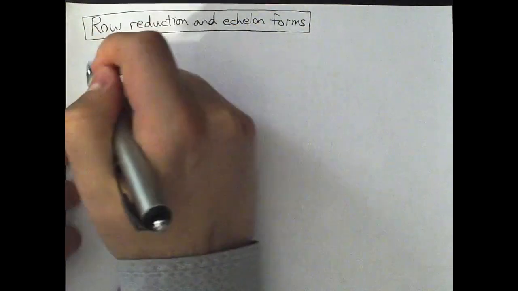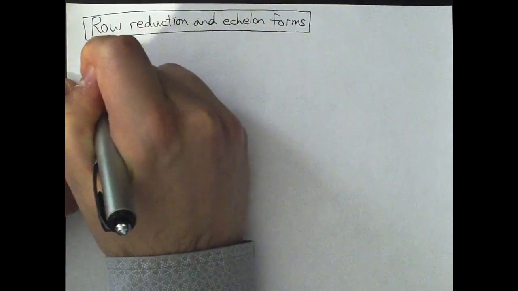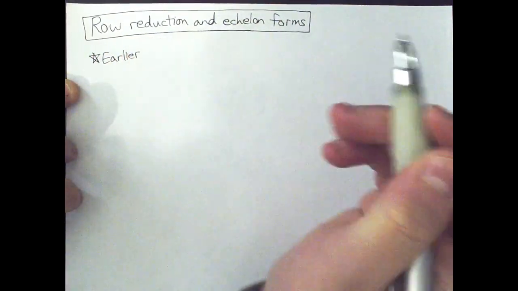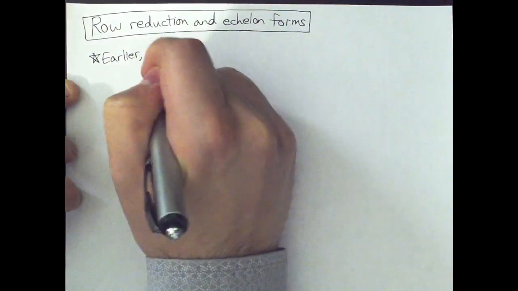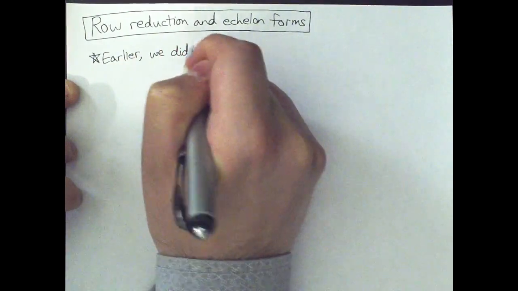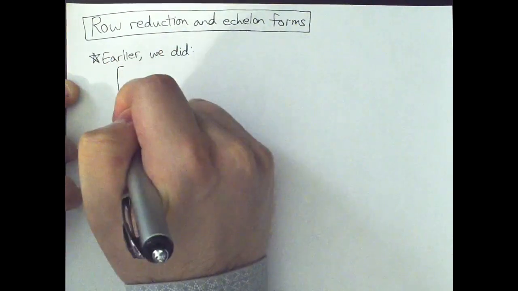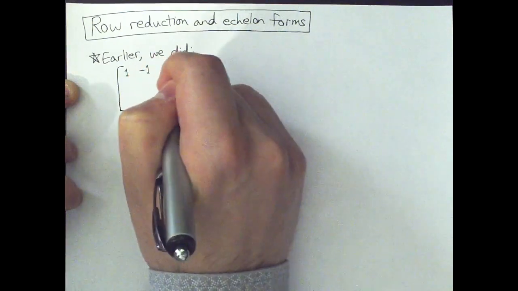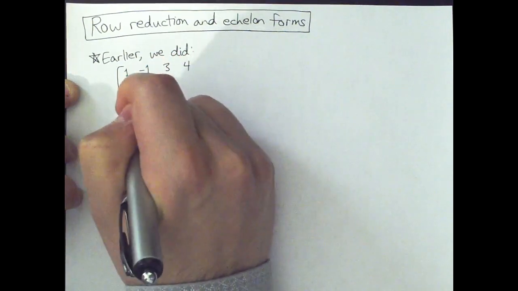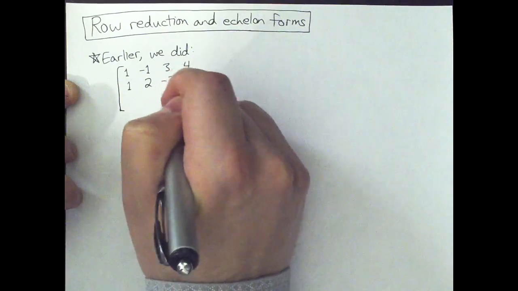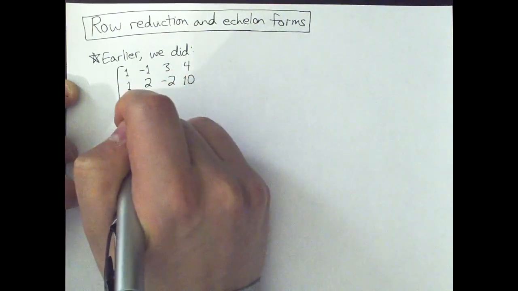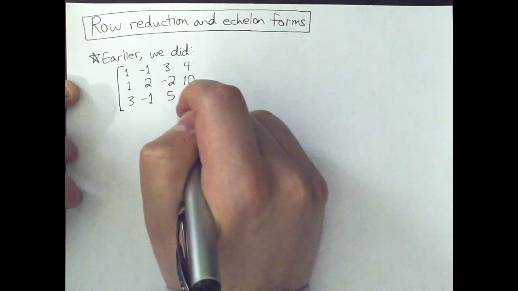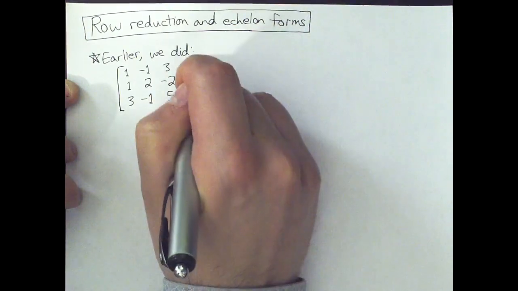And I want to start by reminding you that in the previous lesson, we did row reduction where we had an augmented matrix representing a linear system. I'm not going to redo that whole problem, but this matrix should look a little familiar.